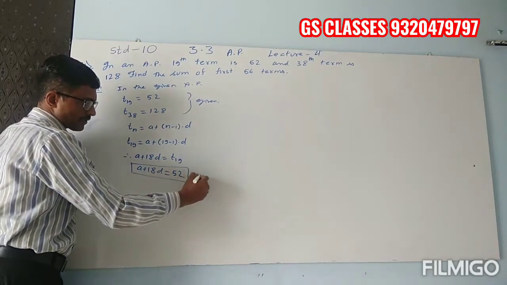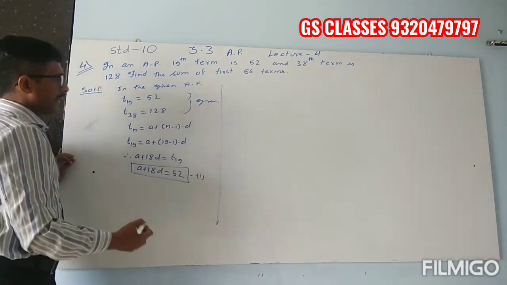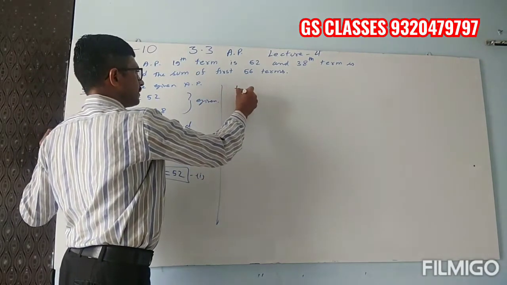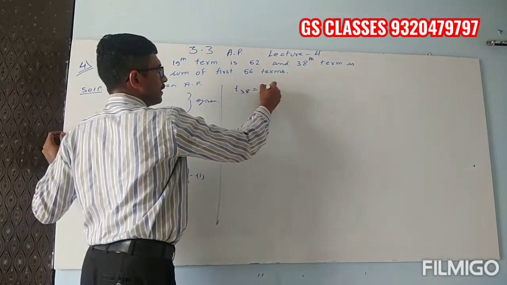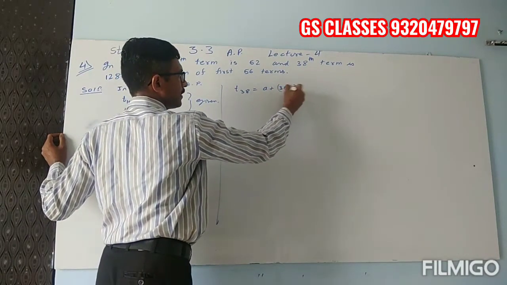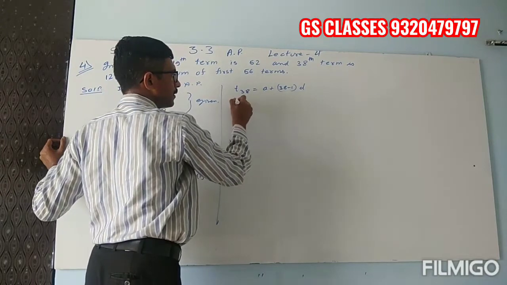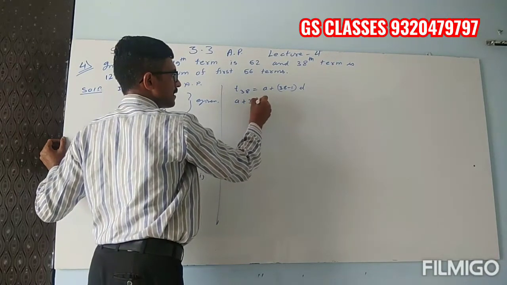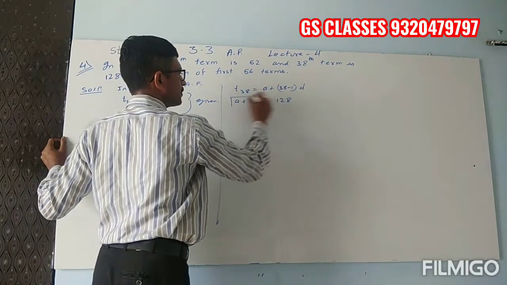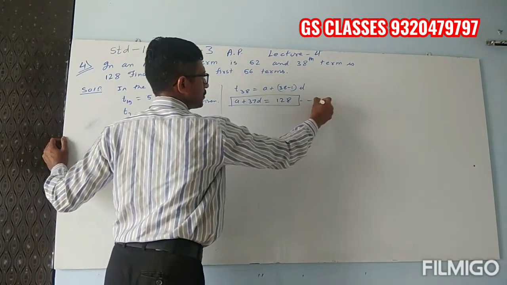Say this is first. On the same line, T38 is going to be A plus 38 minus 1 into D, so A plus 37D is going to be 128. Say this as 2.